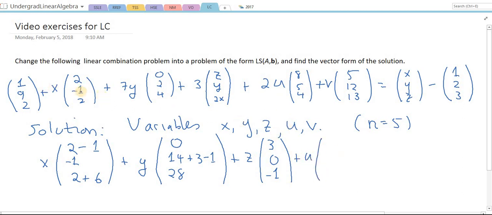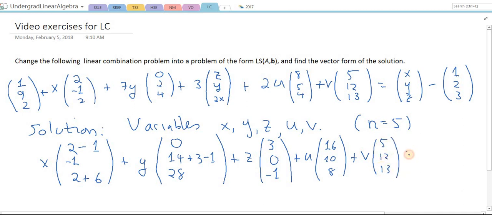All right, no u's, no u's, no u's, no u's. Here's u's. This is going to give me u times 16, 10, 8. And then nothing else, so we close that off. And then v's, the only v I have is this one here, so this is going to be v times 5, 12, 13.